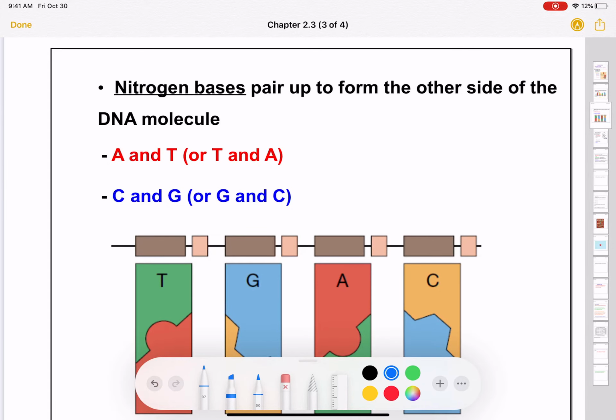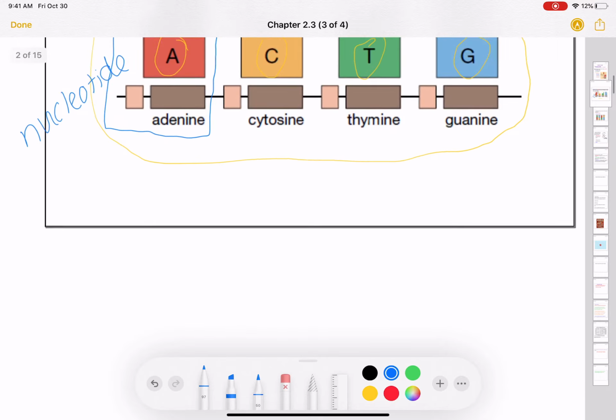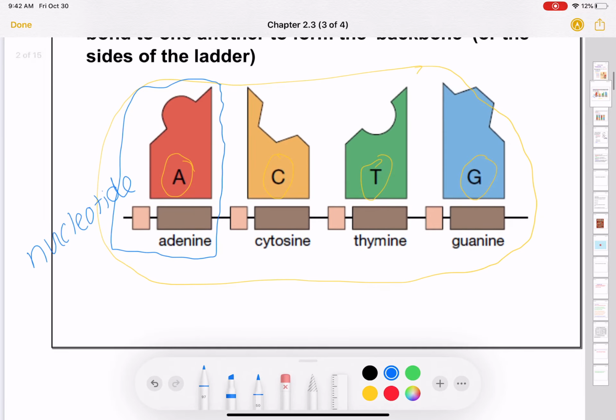Nitrogen bases pair up to form the other side of the DNA molecule. So you may have noticed when we looked over here that, let's use this part, looks like it connects into here. So those puzzle pieces sort of fit together, and then this part fits into here.